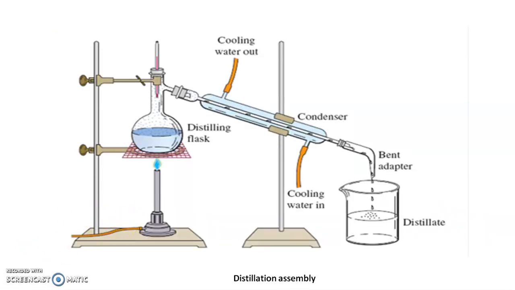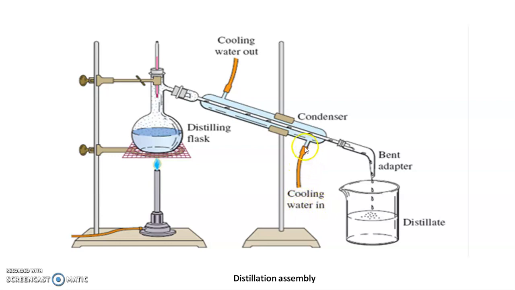This one is the distillation assembly. This is the distillation flask, this is the flame chamber, this is a thermometer for measuring the temperature, and this one is the condenser. In this condenser, first is the cooling water outlet, and this is the cooling water inlet.